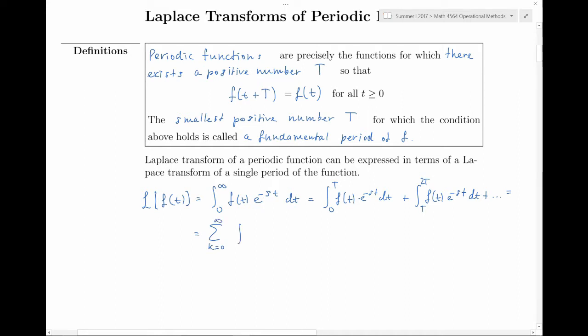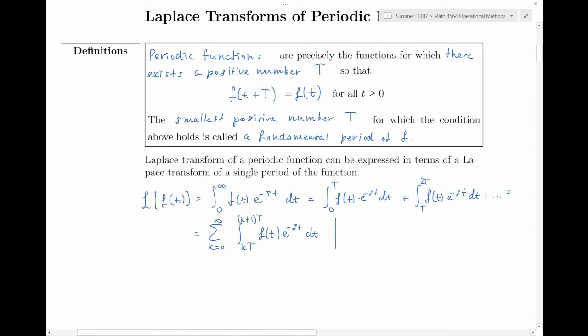of integrals, where each integration goes from the period endpoint kT to the endpoint of that period. At this point, I'm going to employ a change of variables.